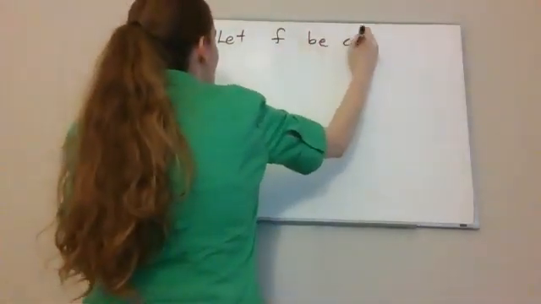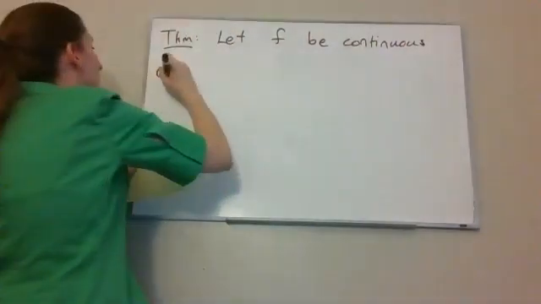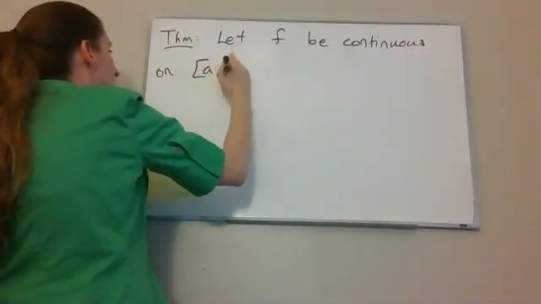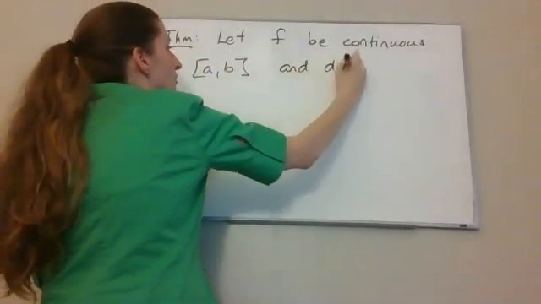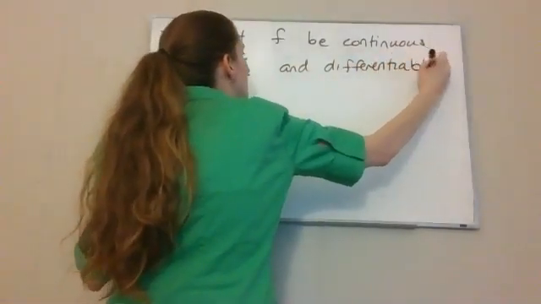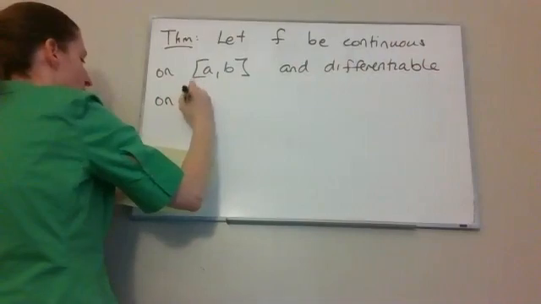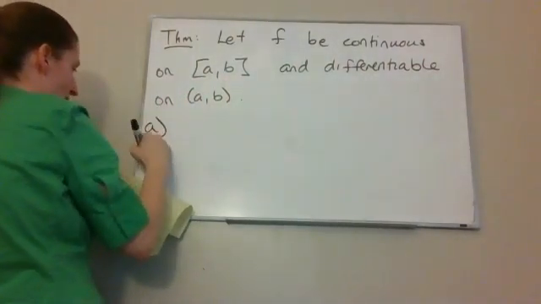Let f be continuous on the closed interval [a, b] and differentiable on the open interval (a, b). Then we have three things that are true.